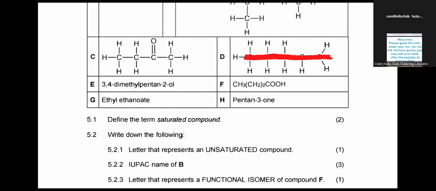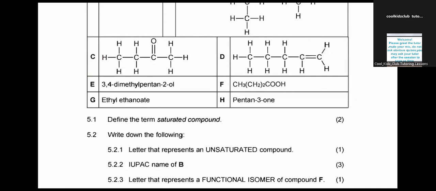Should we have a double bond on the main chain, then we know that will be an example of unsaturated. So our answer to 5.2.1 will be D, simply because there is a double bond in the main chain. This is the main chain, but the double bond is outside that main chain. That's why we are not going to consider this unsaturated. It will be another homologous series, right?